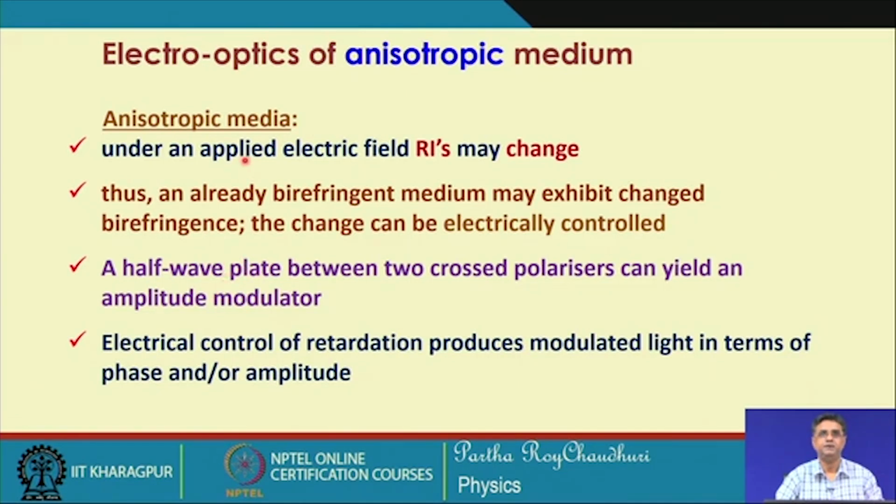If we place an anisotropic crystal with an applied voltage across it, then controlling the electric field properties, we can control the birefringence, and as a result between the crossed polarizers it can be used as an amplitude modulator. So, electrical control of retardation produces modulated light in terms of phase and amplitude, and this fact we have seen earlier also.